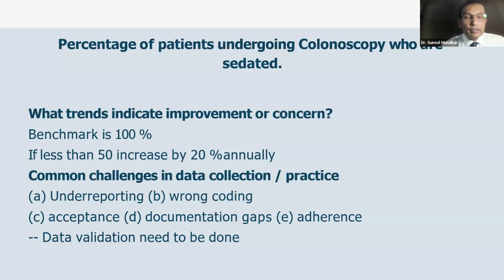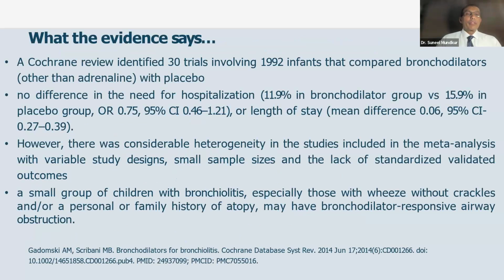They will write something else. So documentation gaps, adherence, and acceptance may be a challenge in many hospitals. So try to get these pediatricians involved in collecting this data and inform them what the evidence is.